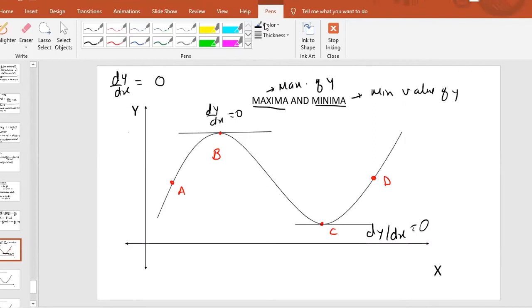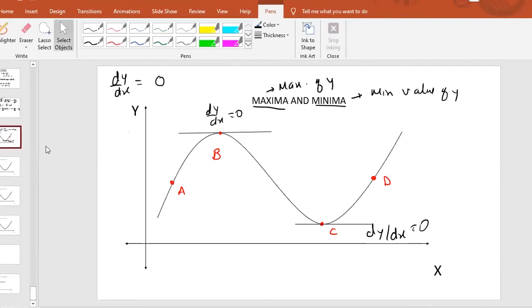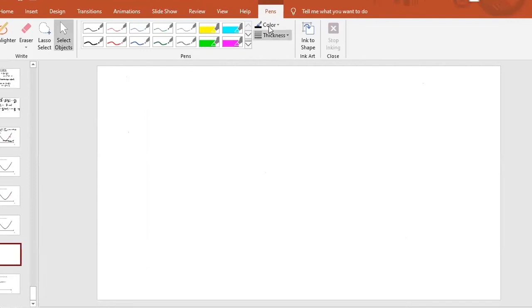Now, we have discussed the concept of double differentiation. Double differentiation means differentiation d by dx of dy by dx. Understand?